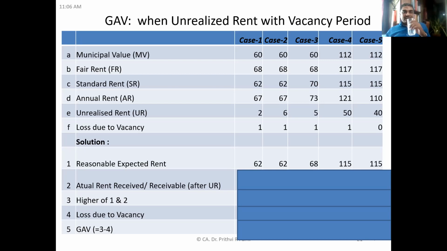Then come to actual. Actual rent, what will you do? Annual rent is given to you and unrealized rent is given. So you have to reduce that, assuming that all the conditions relating to unrealized rent are complied with. Tell me, what is the first actual? 65.